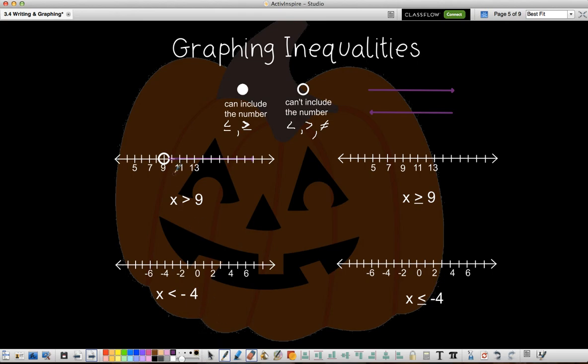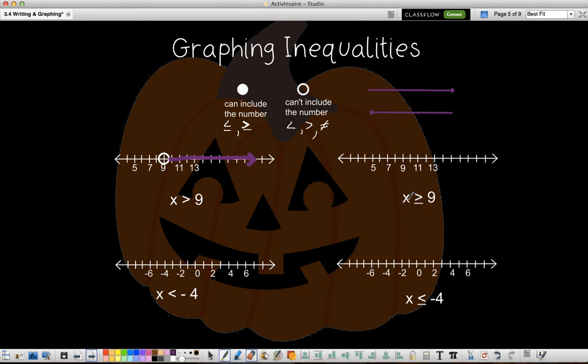Make it a little bit thicker. Okay, so we just draw a line and then we put an arrow on it to show that it keeps going, because we'll learn about inequalities and graphs where you have circles on both sides. But here it can keep going because it can be any number greater than 9. So this tells you that it can't include the 9, but it can be anything that is bigger than 9.